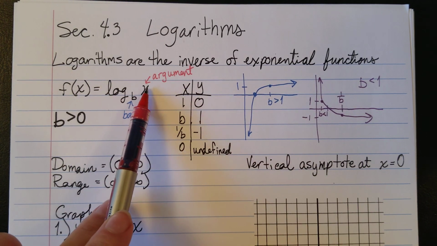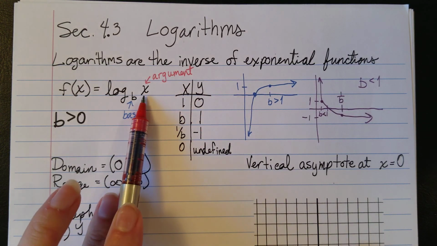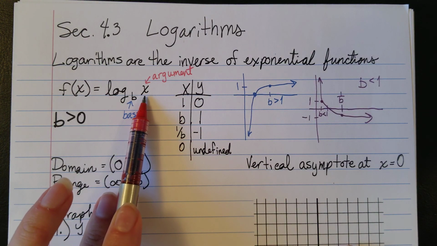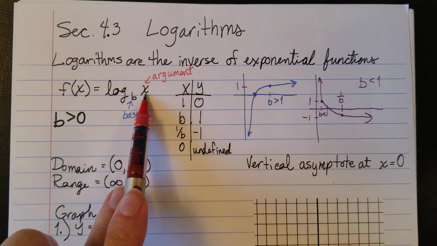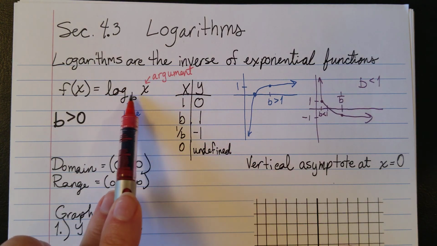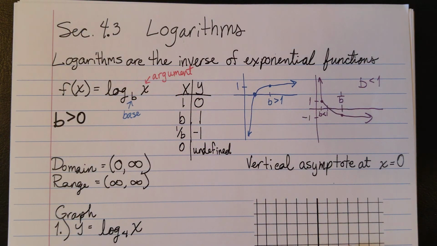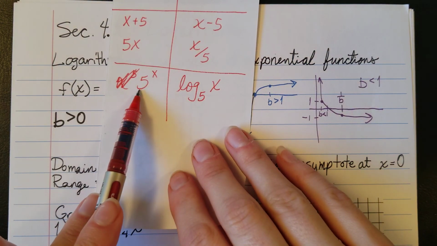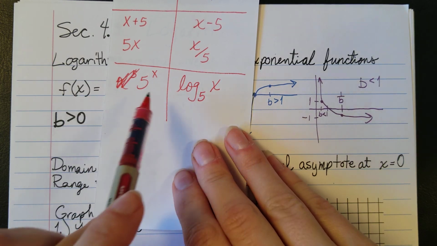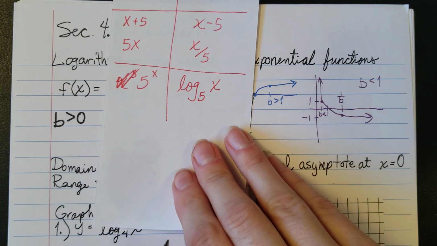And then the argument, whatever the log is applied to, is also regular size on a regular line of text. When you have an exponential function, your base is normal size on the normal line, and the exponent is a smaller superscript.